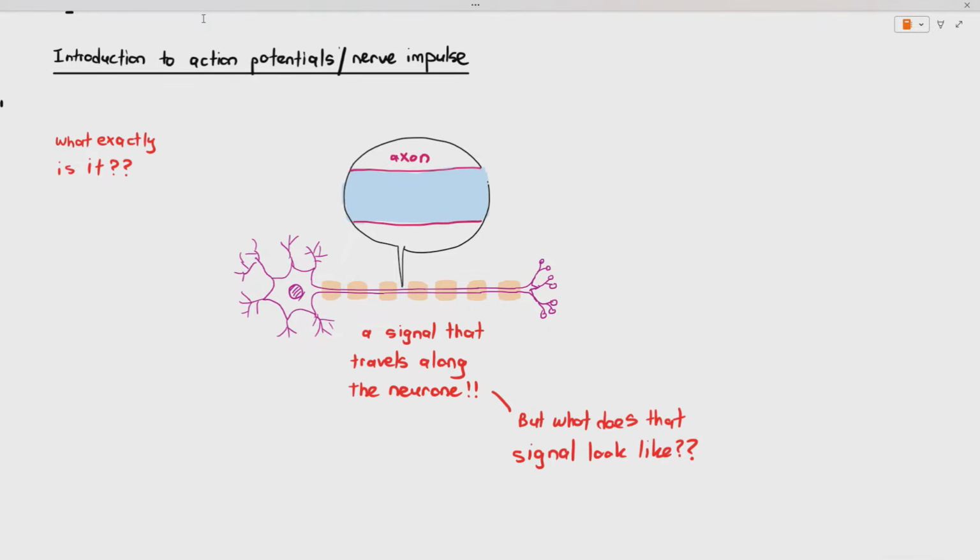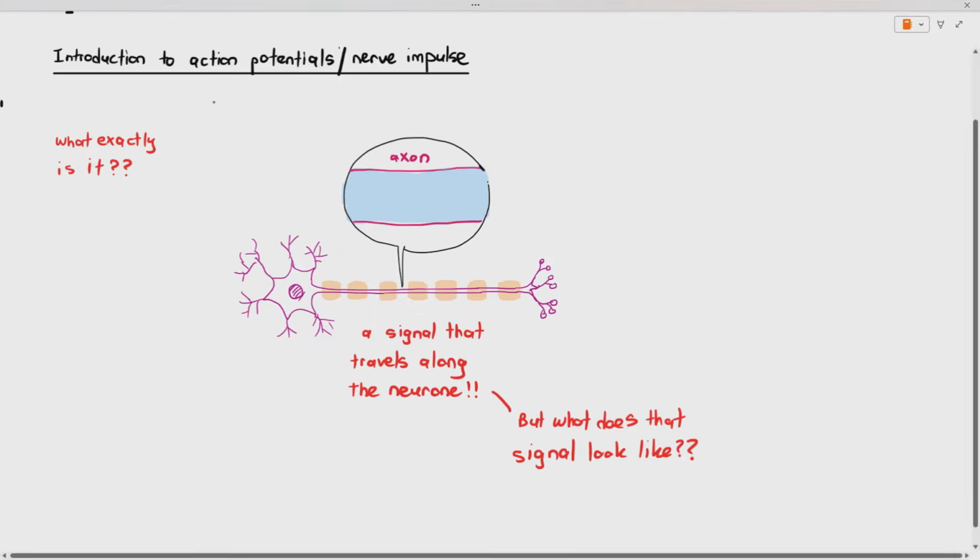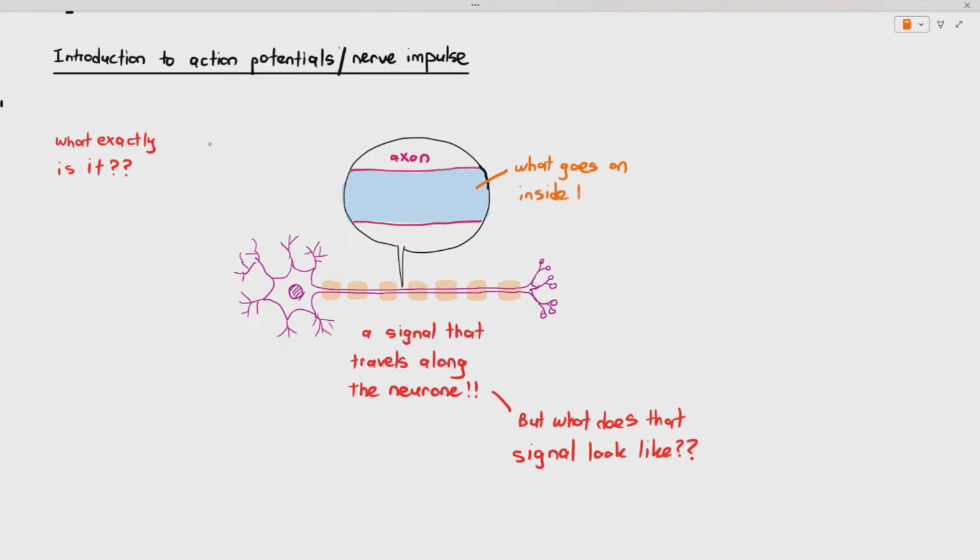Now, commonly, when I ask my students to explain a nerve impulse or action potential, especially students who have done a bit of physics, they will say, well, maybe electrical impulse, nerve impulse, action potential might be the same as electricity. So perhaps it is electrons moving along the axon or along the neuron.